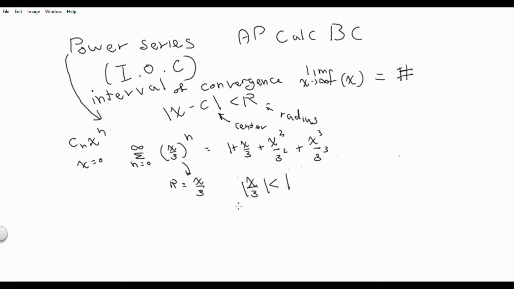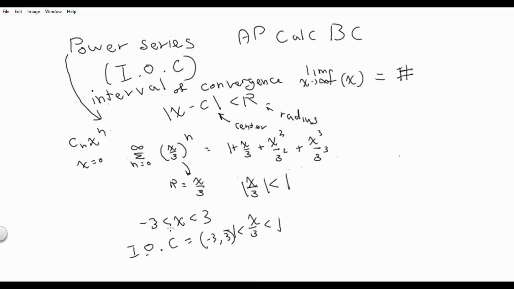And over here, since it's absolute value, we do 1, -1, and multiply 3 on both sides, so -3 less than x less than 3. Therefore, the I.O.C will be from -3 to 3.